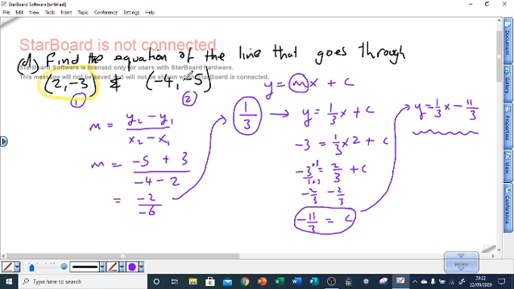We found the gradient using this formula just here, and then replaced the m with the gradient we found, and then we substituted either of these points, and I chose this one. I replaced the x with the 2 and the y with the minus 3. Solve and play around and get c on its own. C is equal to minus 11/3. Put it back into here and rewrite, and there's the equation.